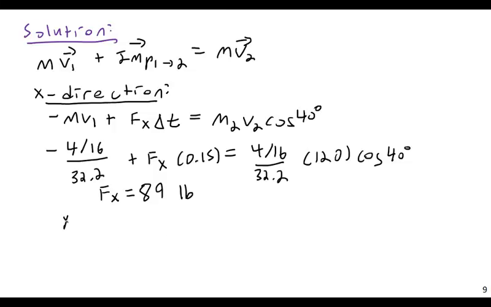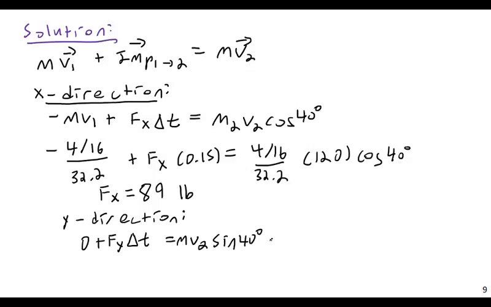Then in the y direction, initially we do not have any linear momentum in the y direction. So 0 plus Fy delta t equals mv2 times the sine of 40 degrees.